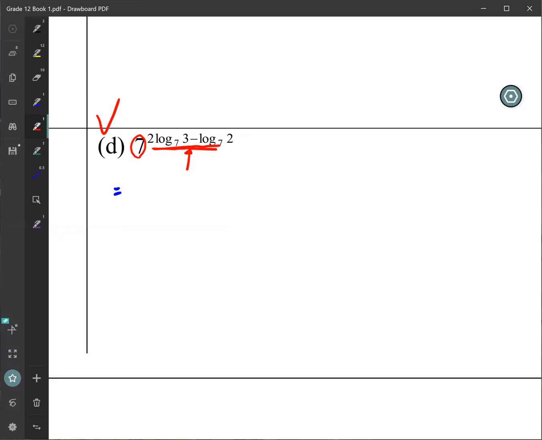Do you know how to do that? Do you know how to turn it into 1 log? Yeah. Okay, so I'll let you try. Let me know when you get 1 log. So it will be 7 and then log something.